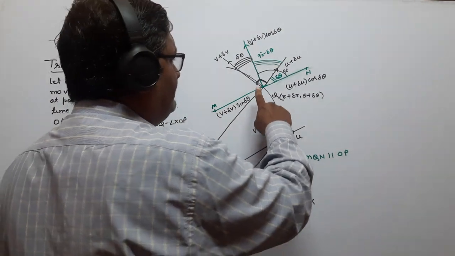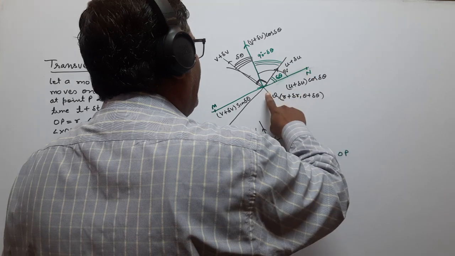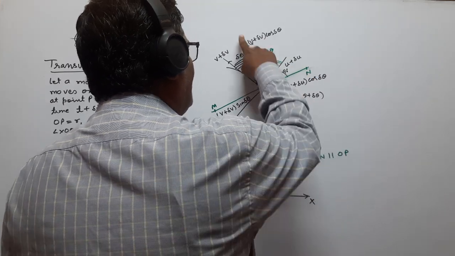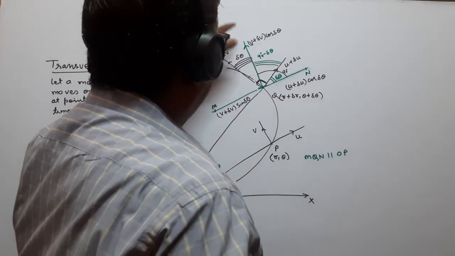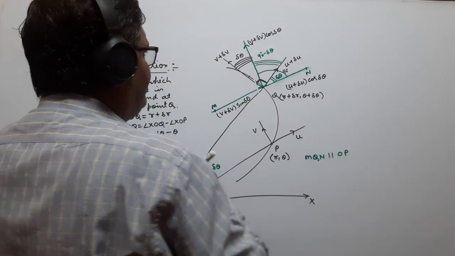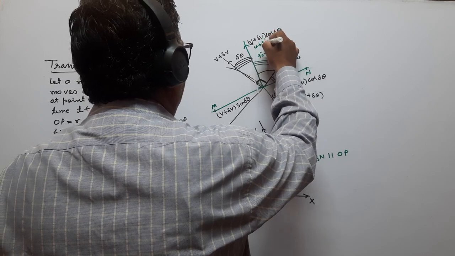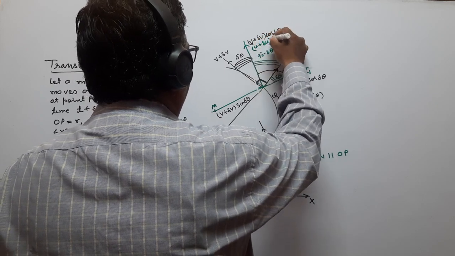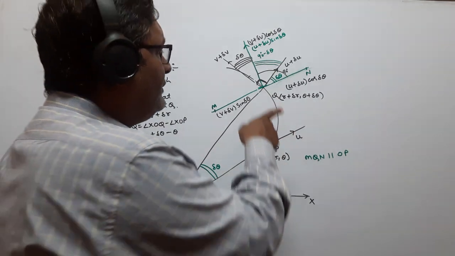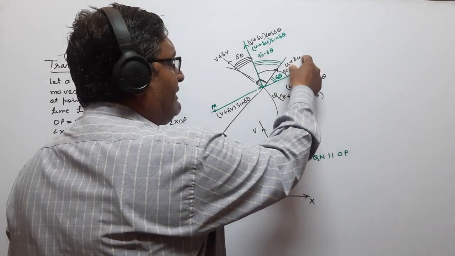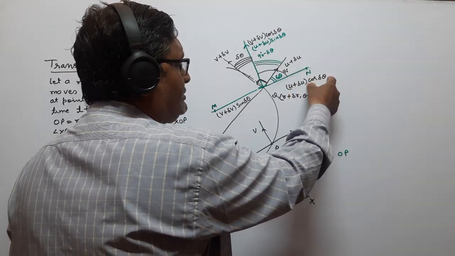Now we find the velocity component of u plus del u at point Q in the perpendicular direction. So this is u plus del u, and we find here the component of u plus del u, which is u plus del u sin del theta. You can see here the component of the radial velocity u plus del u along QN is u plus del u cos del theta.